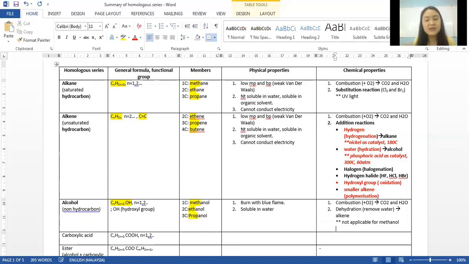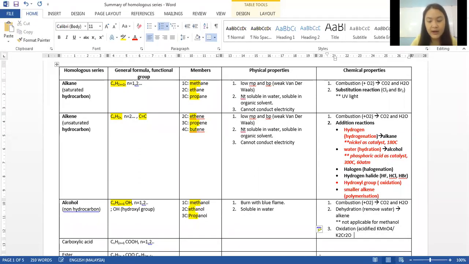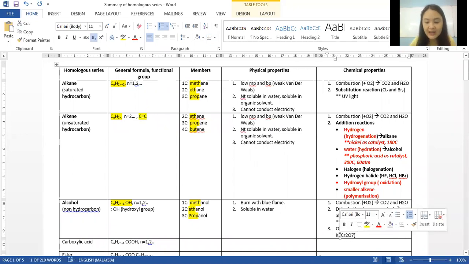Okay, next, moving on. Besides combustion and dehydration, what other reaction can alcohol undergo? The third one is called oxidation. To perform oxidation on alcohol, normally we will let it react with a specific reagent, acidified potassium manganate(VII), KMnO4, or acidified potassium dichromate(VI), K2Cr2O7. All right. So if you want to perform oxidation on alcohol, you will either let it react with acidified potassium manganate(VII) or acidified potassium dichromate(VI).